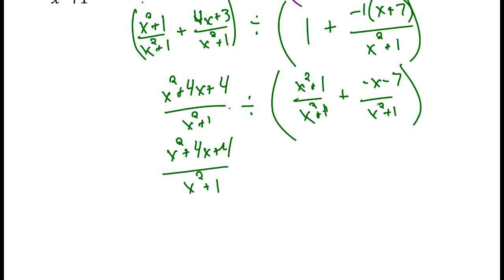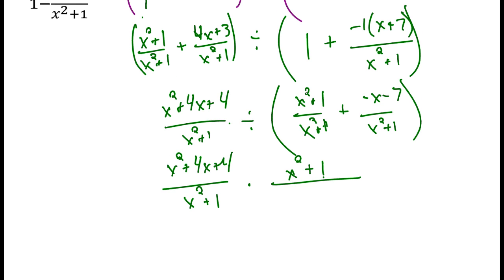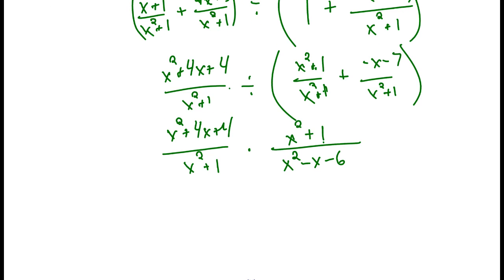I can write this as one big fraction with the denominator of x squared plus 1, but because it's division, I have to flip it, and that x squared plus 1 is going to end up in the numerator. And left in the denominator, I have x squared minus x, 1 plus negative 7 is negative 6. So, to multiply these two rational expressions, I just need to factor.